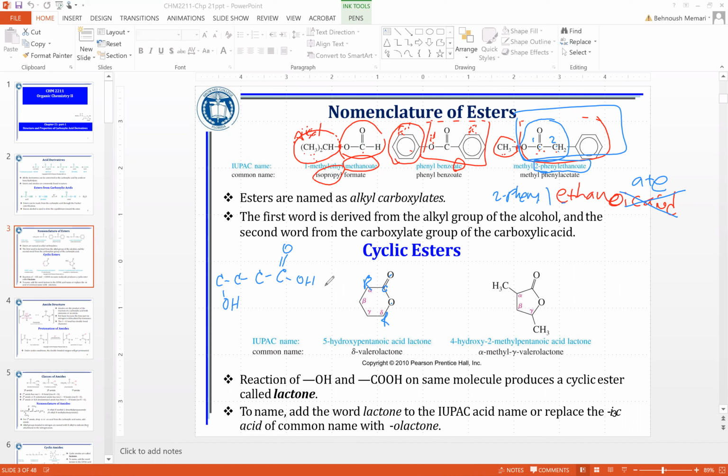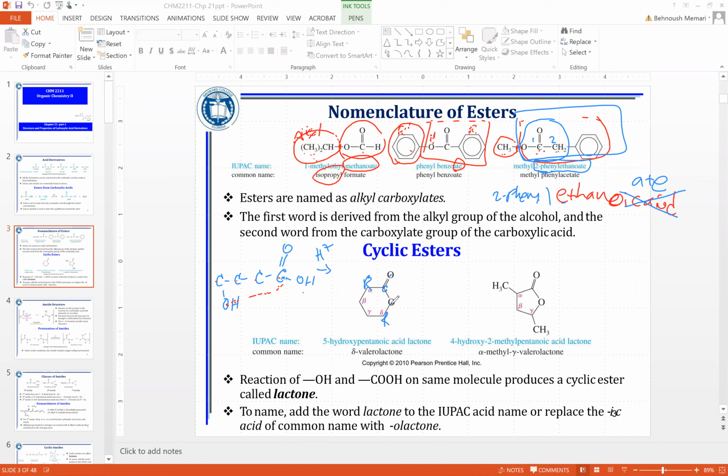If this is the case, and you catalyze this, bring acid and heat, it is going to make the OH leave, and then the alcohol branch is going to form a bond with this carbon. So there would be a new bond forming between the oxygen and carbon. So you have 1, 2, 3, 4, and then 5 would be oxygen. So it's like a 5-member ring is going to give.